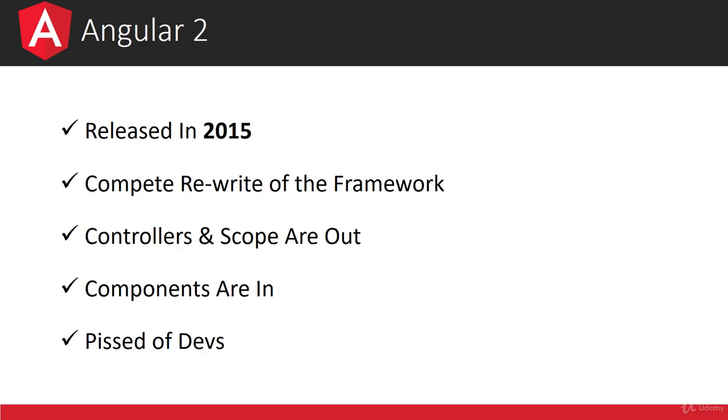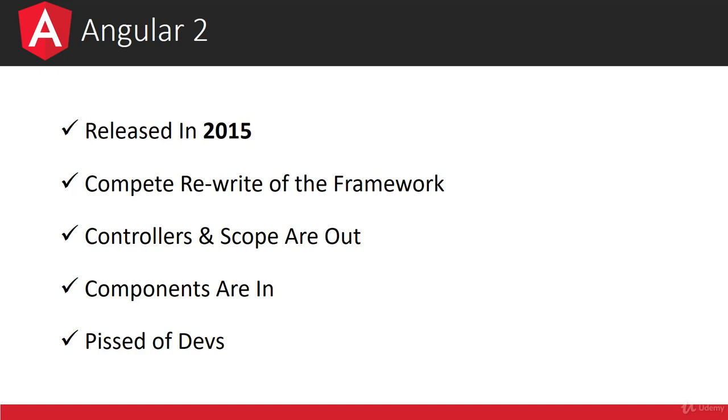So back in 2015, I believe, Angular 2 was released, which was a complete rewrite of the framework, and this really kind of confused people, developers that were already working with Angular or trying to get into it. Controllers and scope are out and components are in.